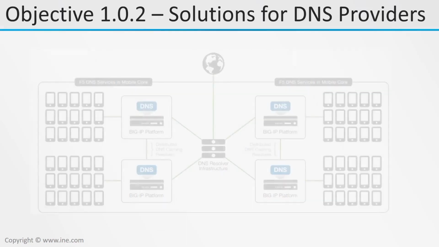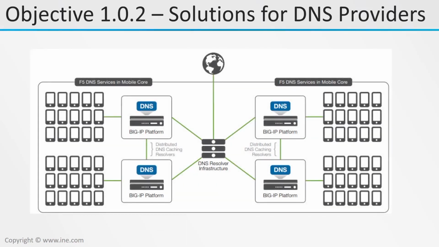Okay, so let's zoom in on the mobile core network for an ISP. So you can see here that we've got a lot of subscribers, and we're able to offload the DNS resolver in the middle and protect that from getting a lot of queries.